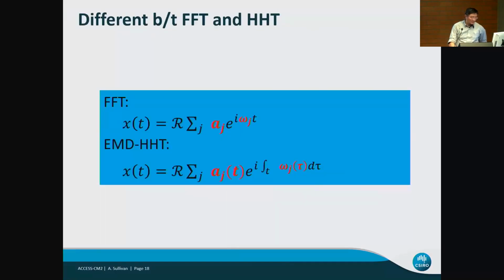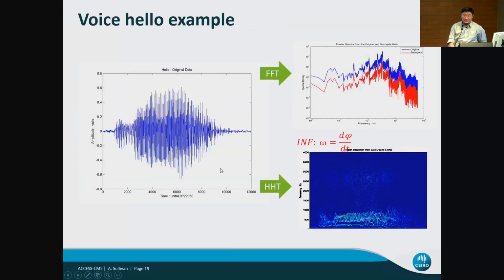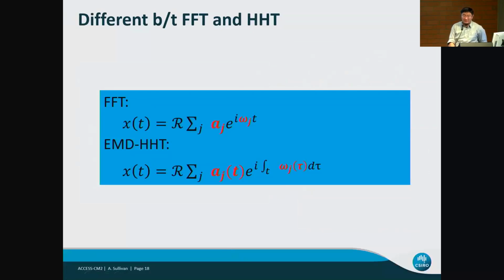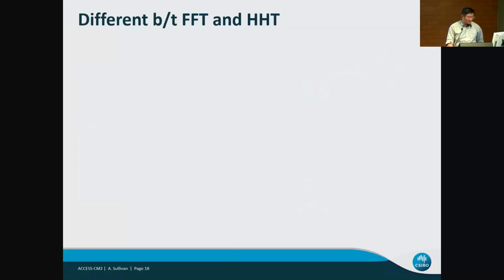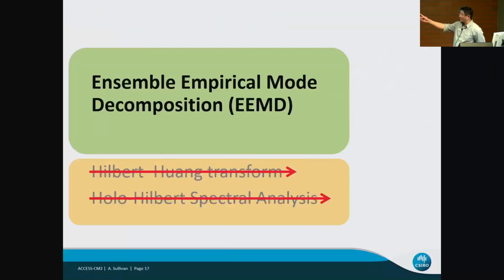So here we are mainly talking about the omega actually. But MD2 we can do by the same things, and then that will be the Holo Hilbert spectrum. That's why I'm not talking about it today.